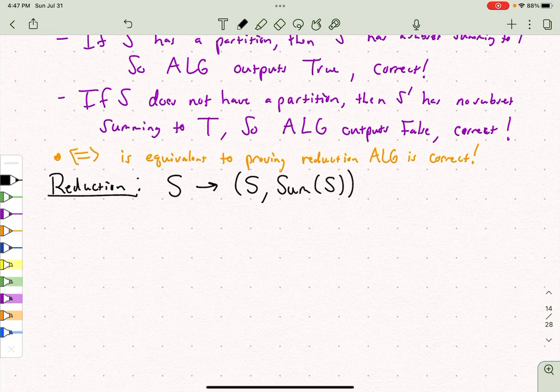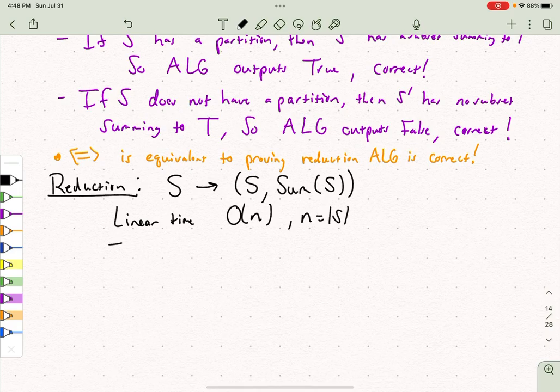Now, how long does it take to compute this? Well, this is going to be linear time. So it's O of n if n is the size of S. Why? Because what we have to do is copy S. That's the first part. We're outputting S, so we have to copy it. Obviously, that takes size of S equals n steps.